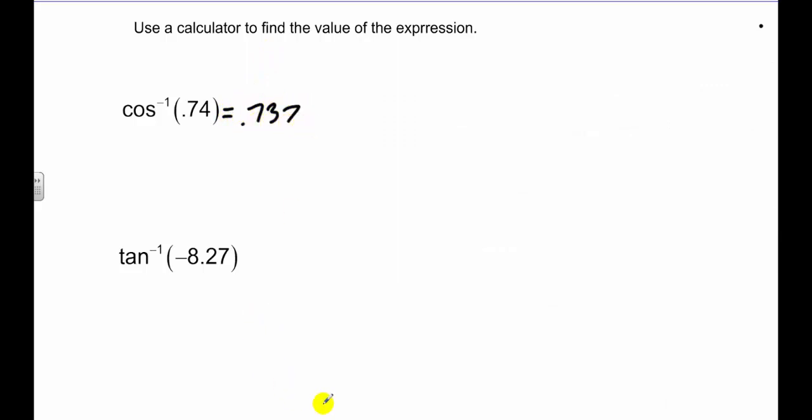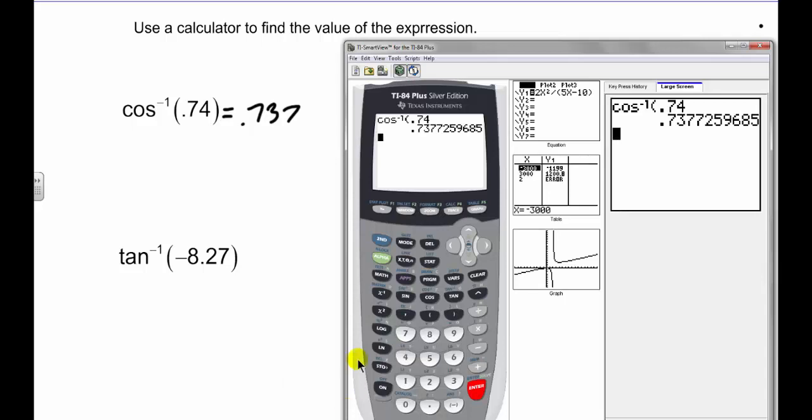And then in this case, we're going to take the inverse tangent of negative 8.27. I'd better get a negative answer out of this, because it should be somewhere in the fourth quadrant, which is a negative radian measure.